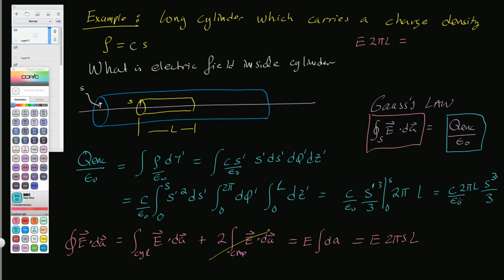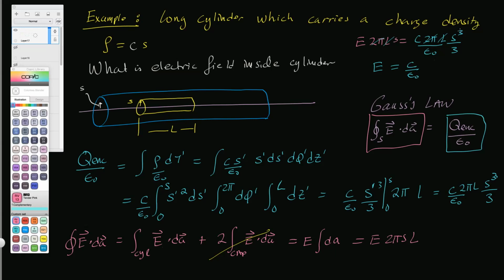There we go. Okay, so on this side, we have C times 2 pi L S cubed over 3, and then we have 1 over epsilon naught. The L's go away, the 2 pi's go away, and we get E is equal to C over epsilon naught S. Oh, I left an S out. Sorry. Thank you. I heard someone say something.